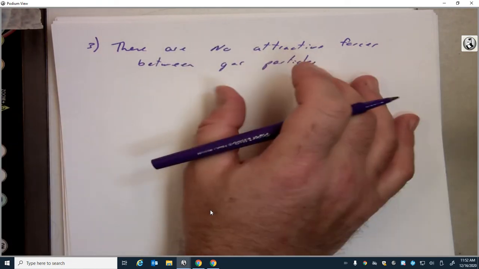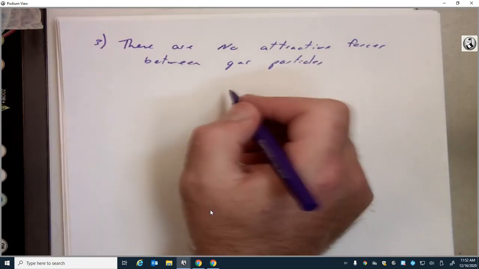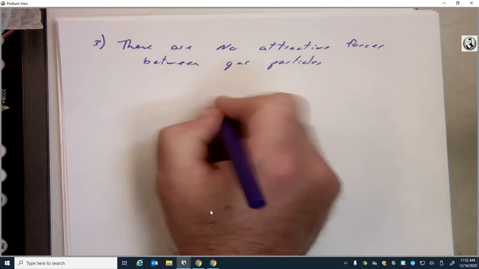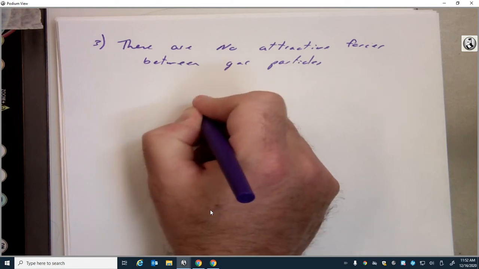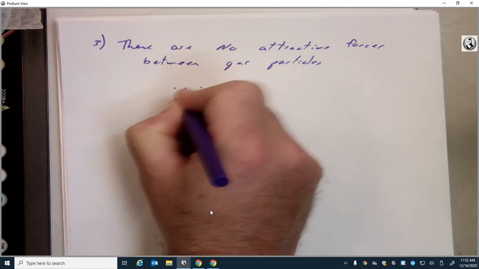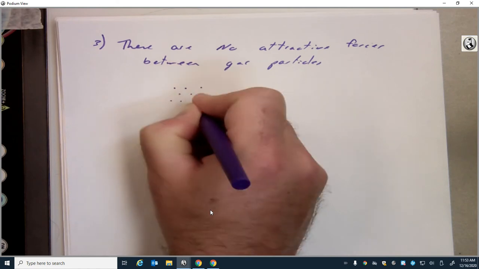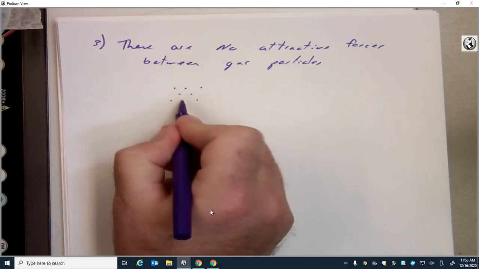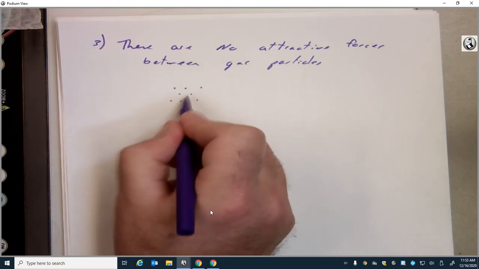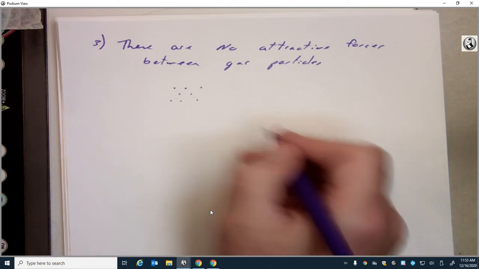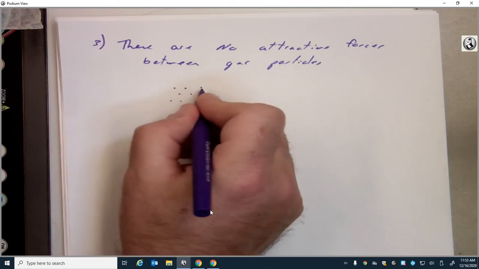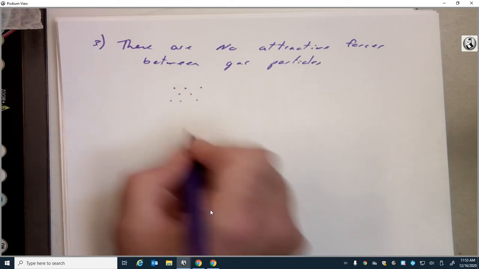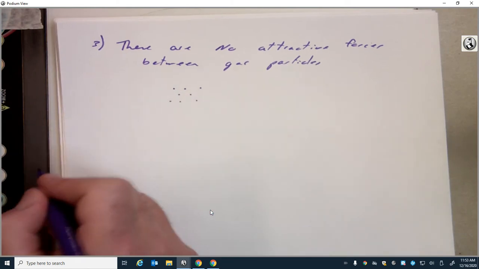All right, we know that in a solid, the particles are held in a nice strict geometric pattern, and they're held together by these strong intermolecular forces, these strong attractive forces between the molecules. In gases, the kinetic molecular theory says there are no attractive forces.